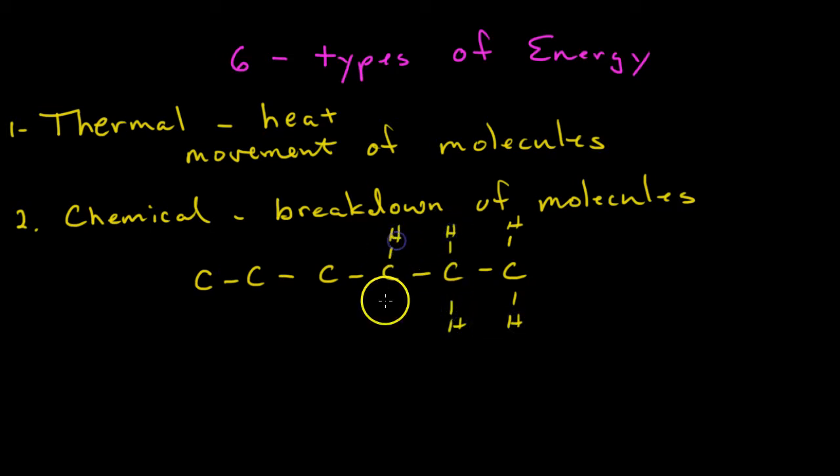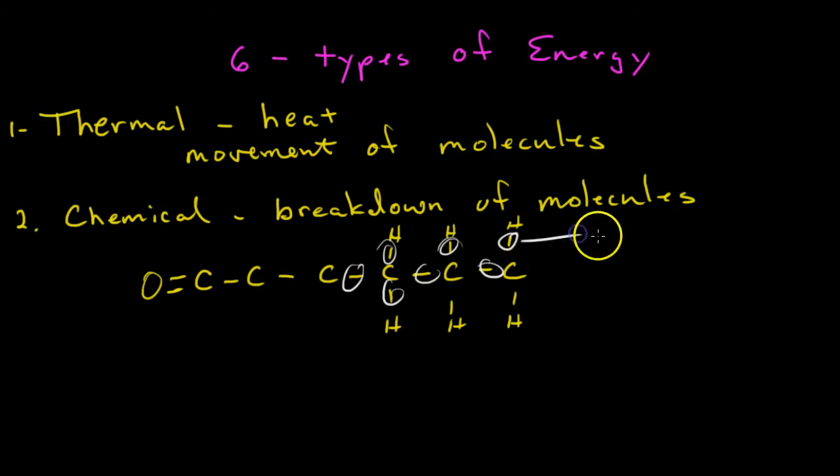And it's too much for me to draw right now. Maybe oxygen. I forget if that's a double bond or not. So we have all of these bonds. And when we break down these molecules, these huge chains of molecules, all of these bonds release energy. All of these lines, right? All of these bonds that connect the atoms together release a lot of energy. Okay, and that is what chemical energy is.